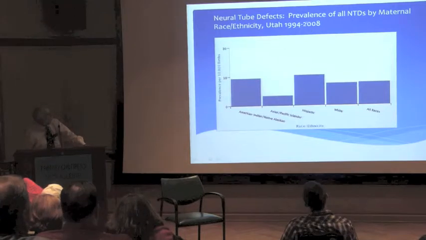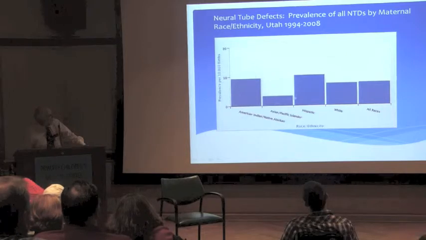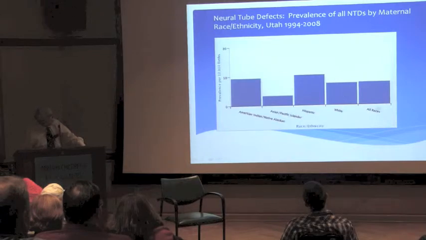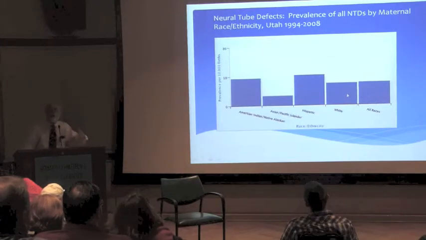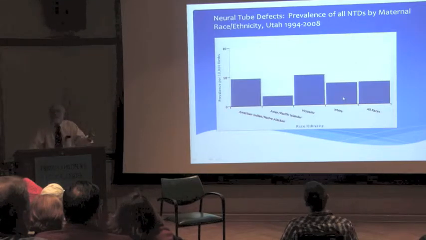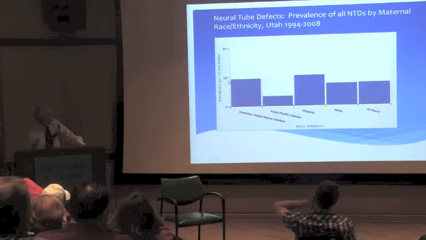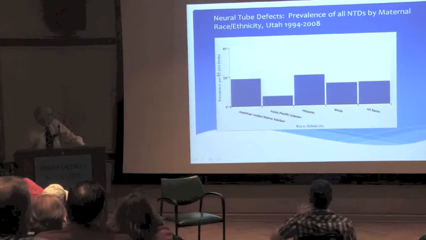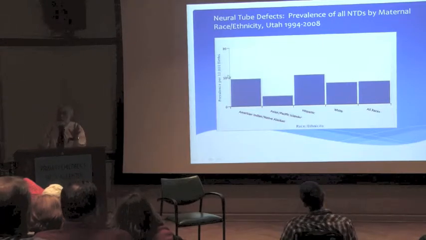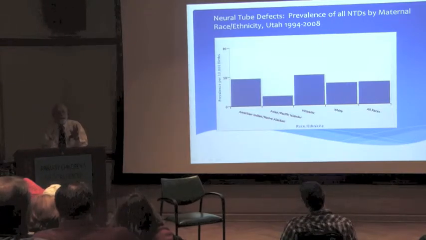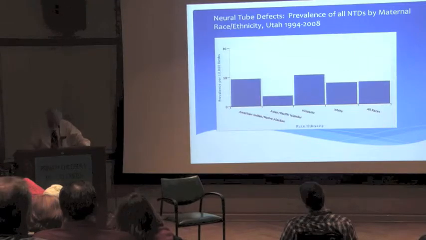She's giving us this for this particular time period, and you can see that Native American and Latino families, though the numbers are smaller, actually have a higher risk than the entire group, and of course Caucasian Europeans, who make up the bulk, 85 or 90% of the Utah population. This figure is around 10 in 10,000, which means a little bit less than 1 in 1,000. Again, you have to think of these fractions each time.